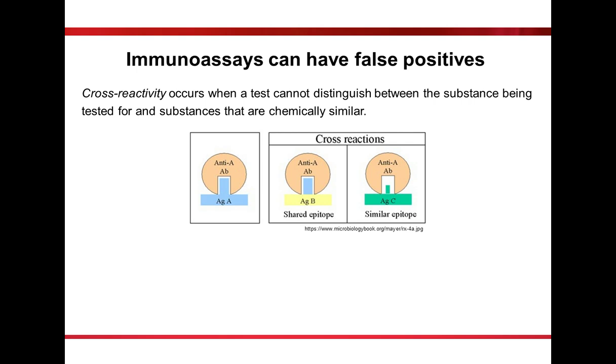So I'll walk through this. We have an assay that has anti-A antibody that's designed to detect antigen A, which is this upside-down looking T structure.